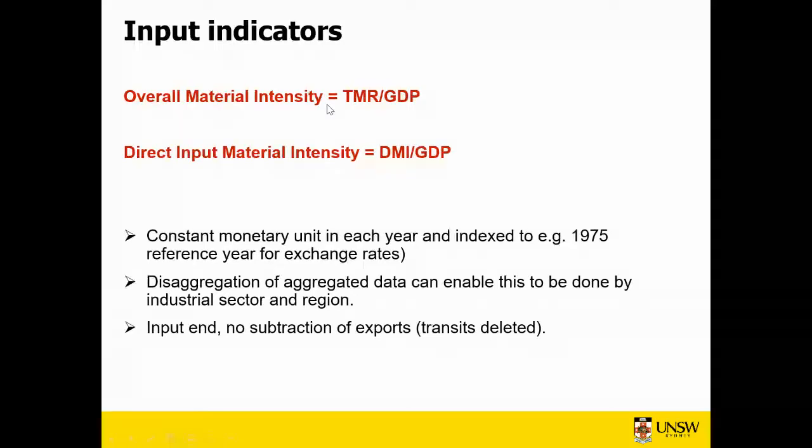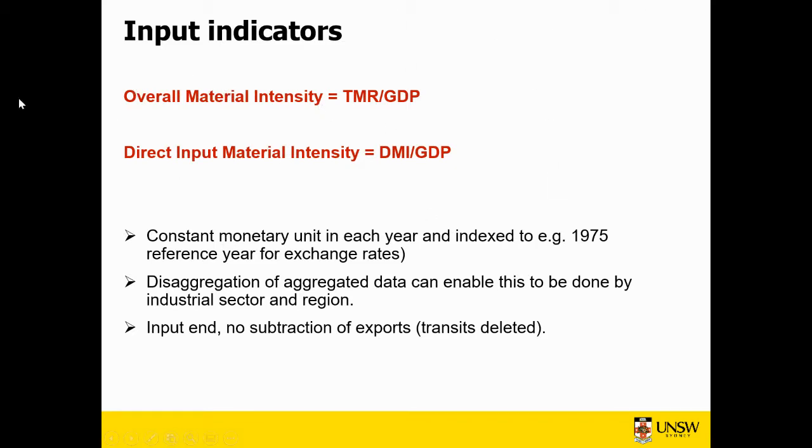Some more concepts for us. So now, indicators of input. Because if you look at everything we're seeing now, it was to characterize the input, the requirements for a national economy, right? So it's the total material requirement or the direct material consumption or the direct material input. So they're all in terms of inputs, what the economy of that country needs in terms of materials.